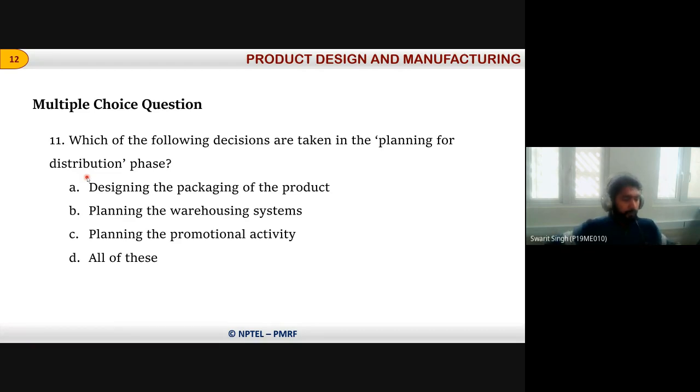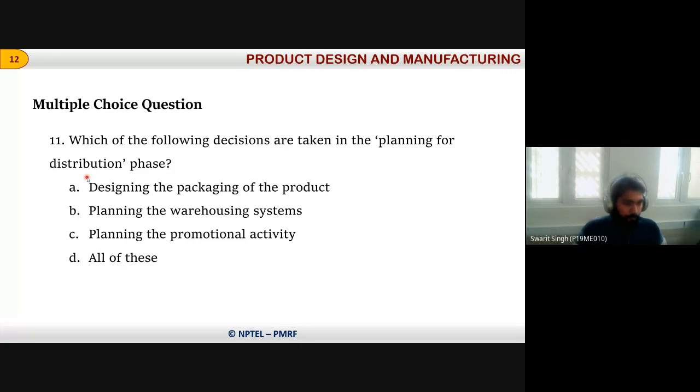The product we get does not come directly from some production line. It is first manufactured in the production lines of different factories or industries, and from there it is transferred in bulk to warehouses situated at different parts of India.